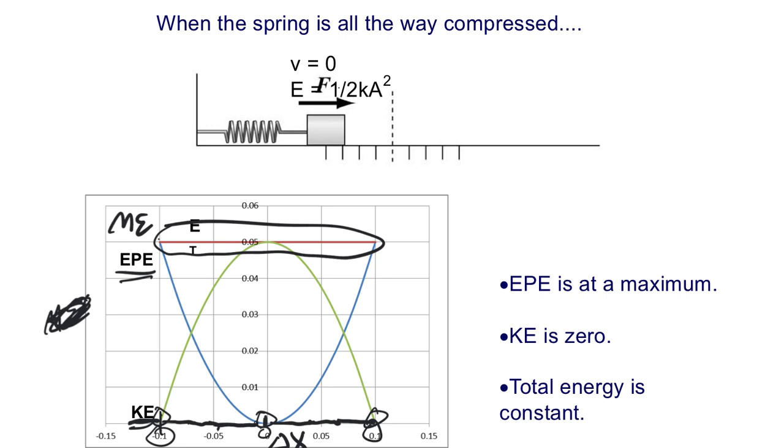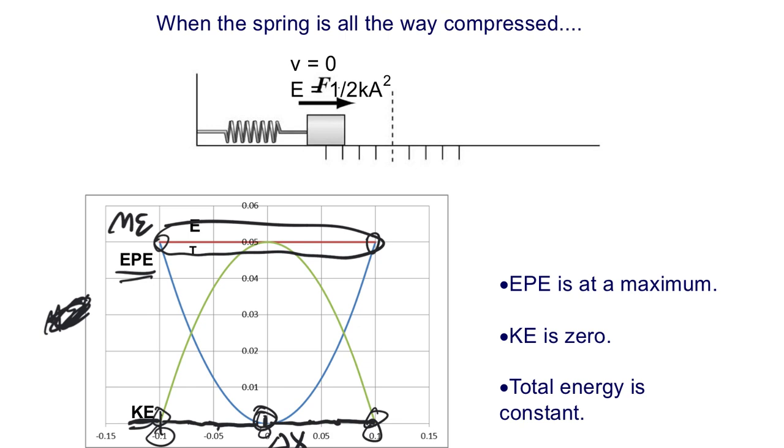The EP is maximum at the two amplitudes, but 0 at the equilibrium position. So notice that these are mirror images of each other, these two, EP and KE.